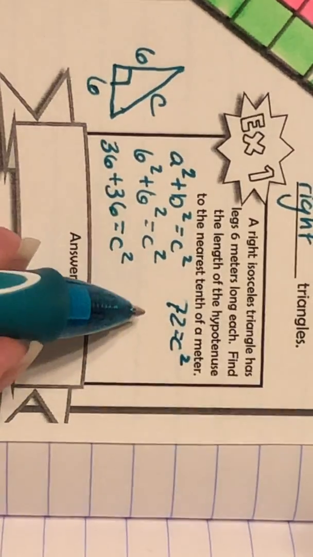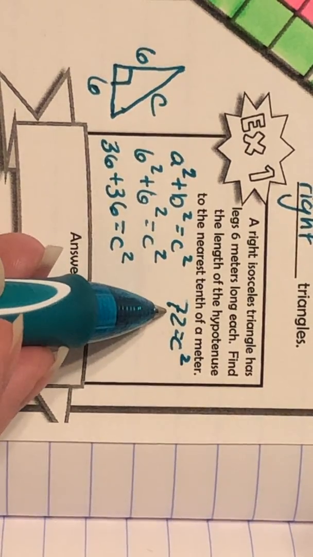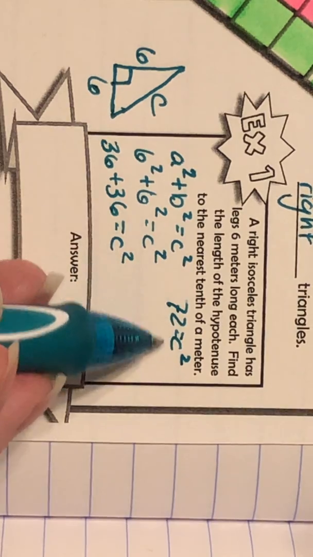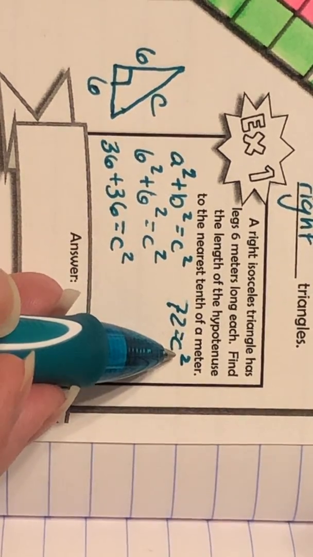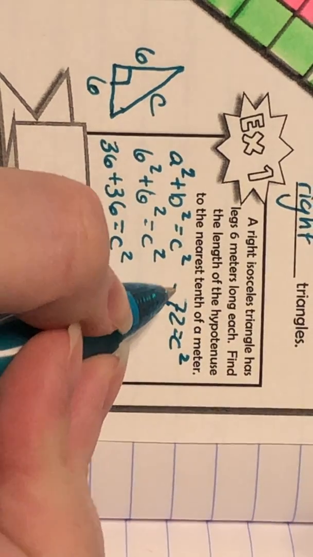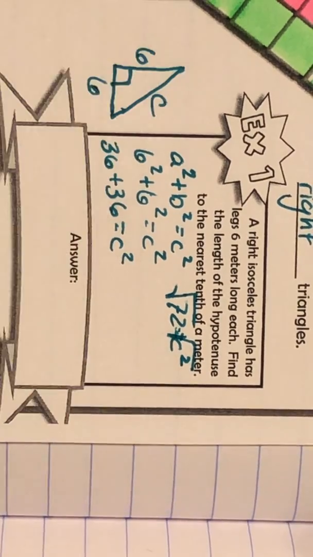So now I have 72 equals c squared. In order to undo the square, I have to take what's called the square root. So I take the square root of both sides.